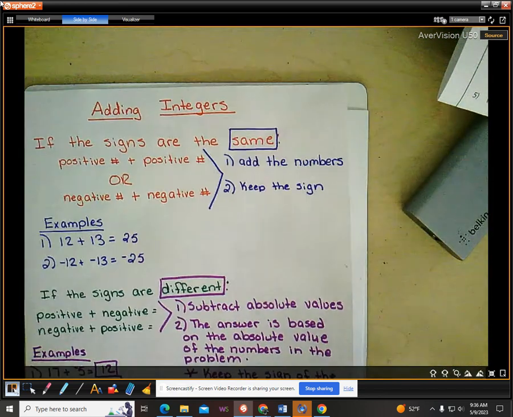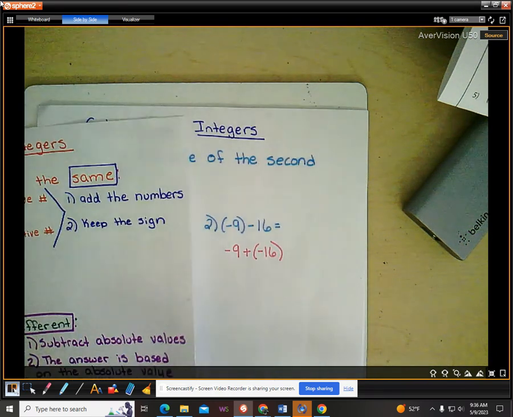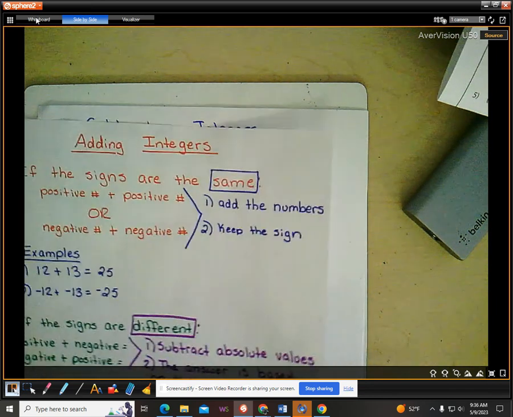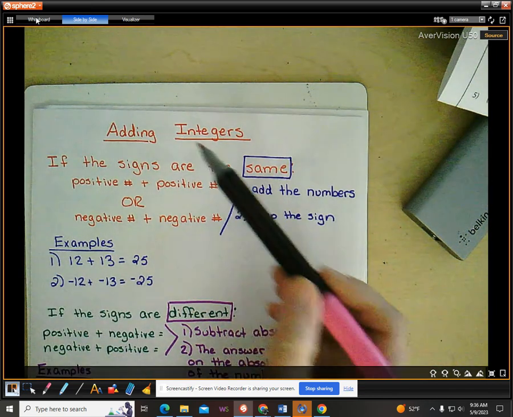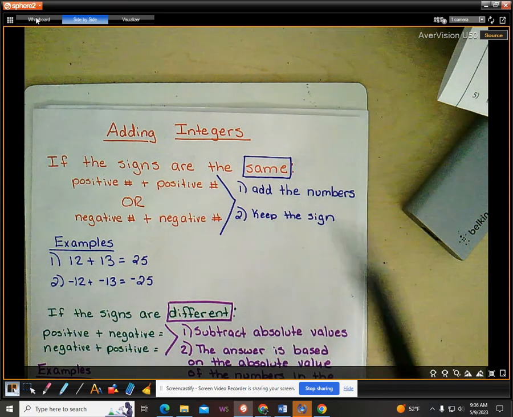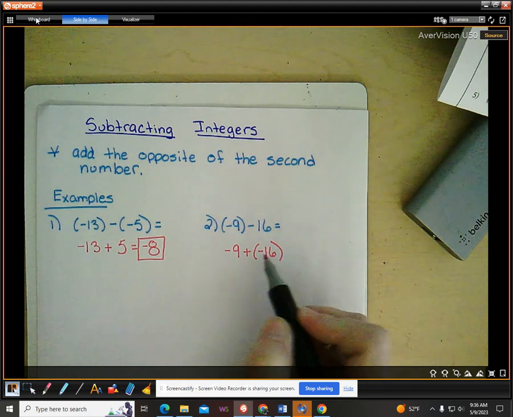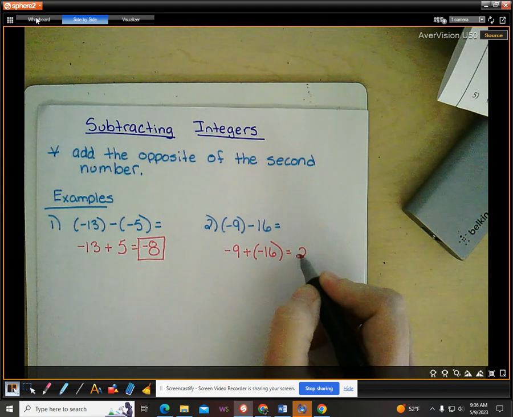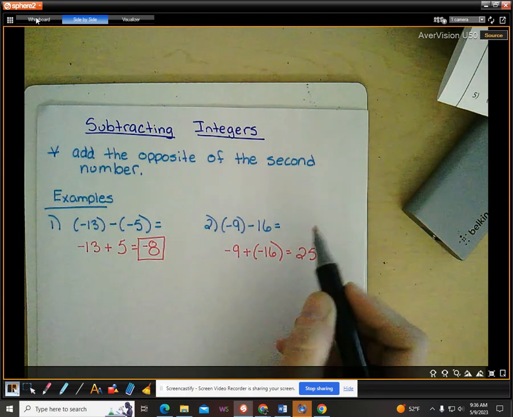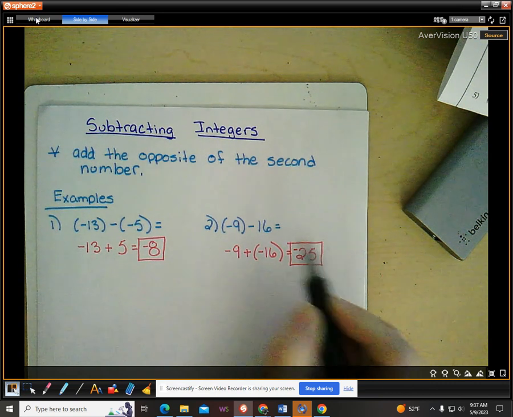We need to follow our rules from Monday. Since the signs are now the same, we are going to follow our rules for adding integers when they are the same. So we're going to add the numbers and keep the sign. So we would add 9 and 16 to get 25. And since they were both negative, our answer is negative. So we would have a negative 25.